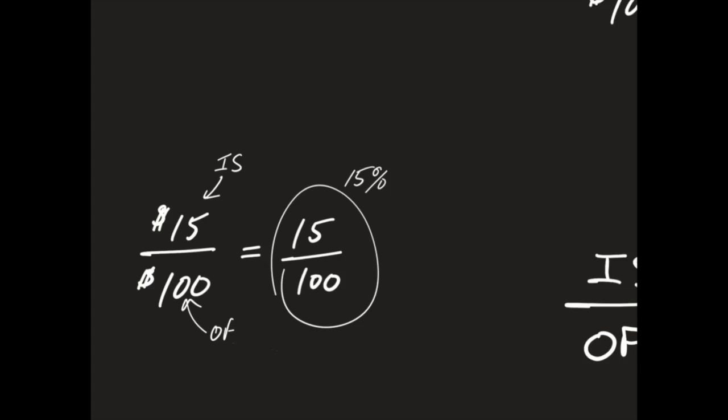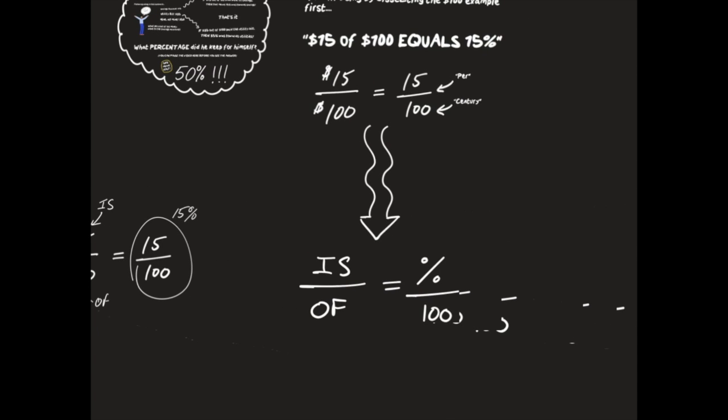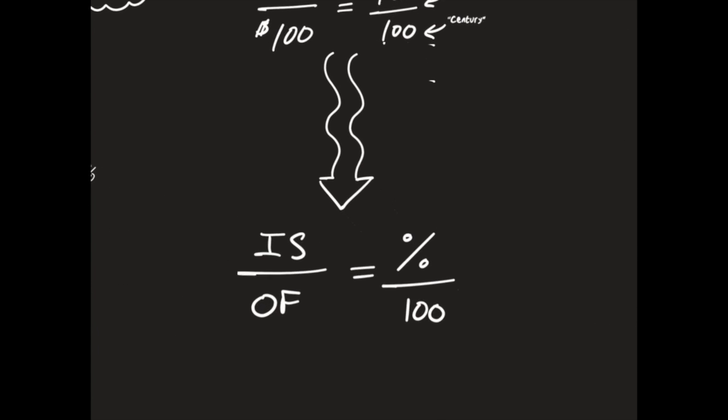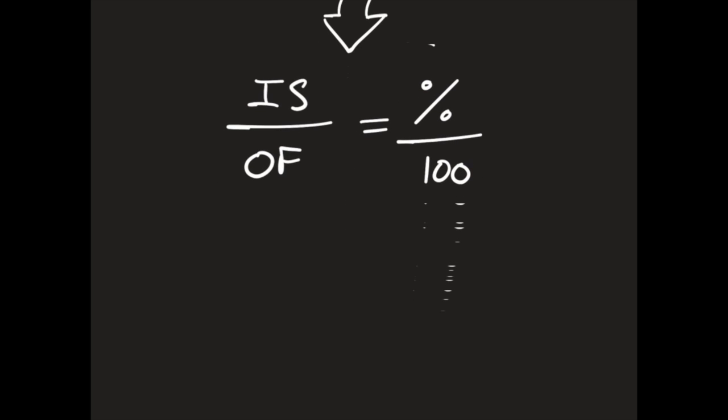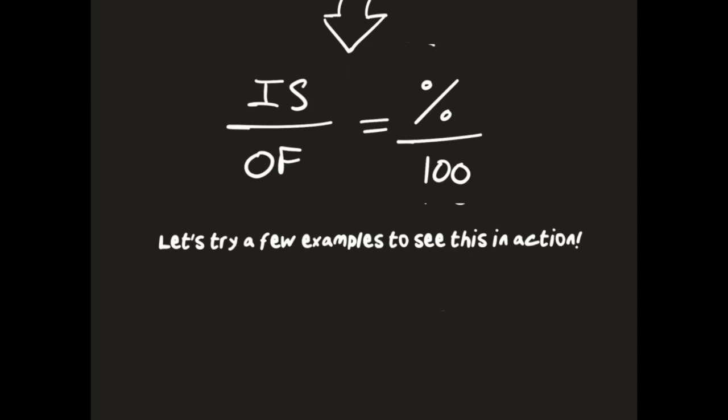So this is the wording that gets us to figuring out percentages even when that number is not 100. Is over of equals percent over 100. So let's try a few examples to see this in action.